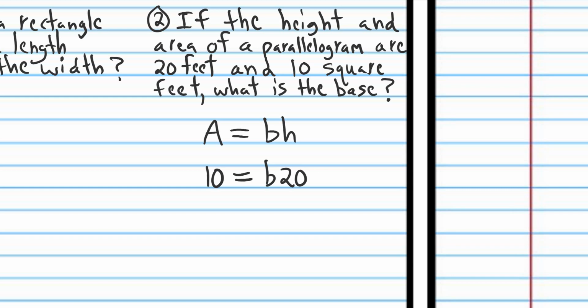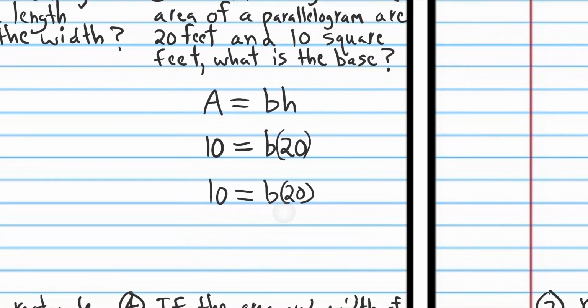And then it's not traditional to write the number on the right side, so I'm just going to go ahead and put parentheses around that so there's no confusion. So now we're about to perform an operation on both sides of the equation, so we have to rewrite the equation. And then we perform the operation.